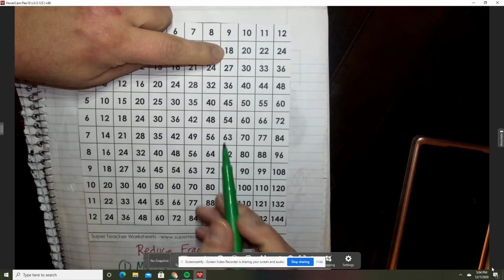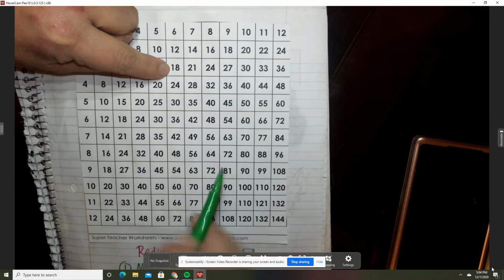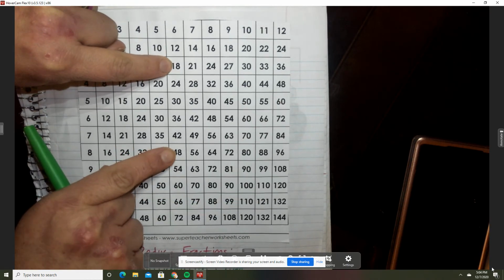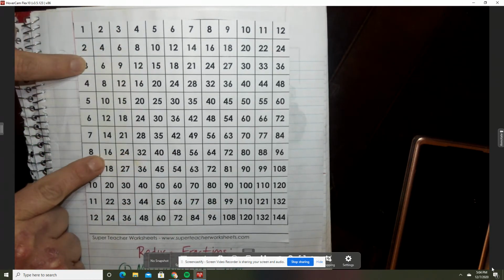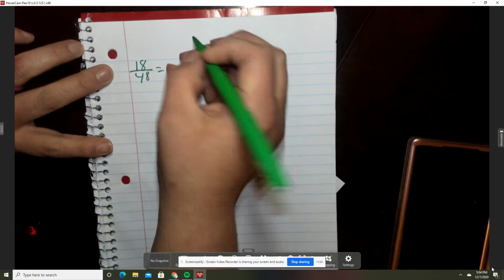There's an 18, but it doesn't ever go over 48. Oh, there's an 18. There's a 48. All right. 18 is over 48. Let's pull it. And we get a 3 and an 8. So that's the simplest form because you can't go any lower than 3 because that's a prime number. So 3 over 8 would be the lowest term for that.